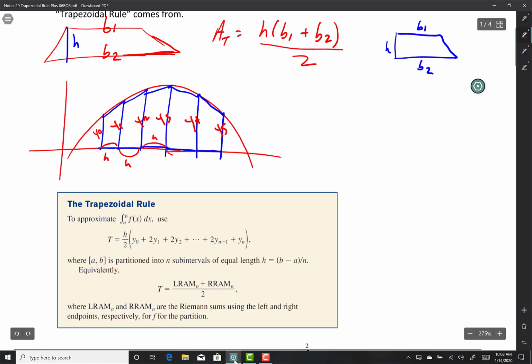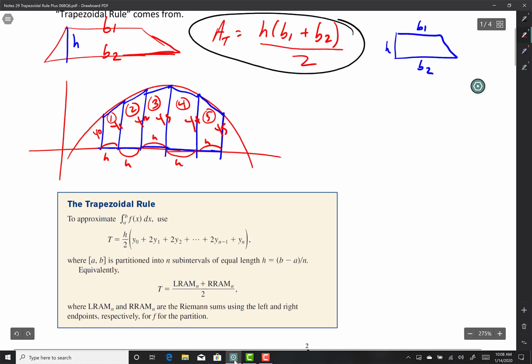I'm going to say they're all equivalent. Are we okay so far, guys? So let's see how many trapezoids I have. 1, 2, 3, 4, 5. Do you guys see those 5 trapezoids? So if I wanted to find those trapezoids, I'm going to do this formula one at a time.